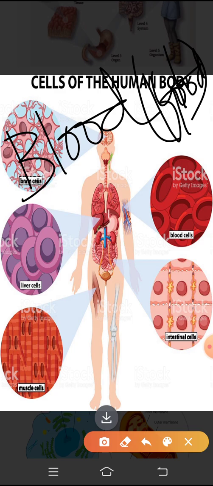Because each cell in our body requires some amount of food. Why do they require food? To produce energy, right? As the food reaches the mitochondria, the mitochondria uses the food, that is the glucose, from the blood, and it releases the energy.